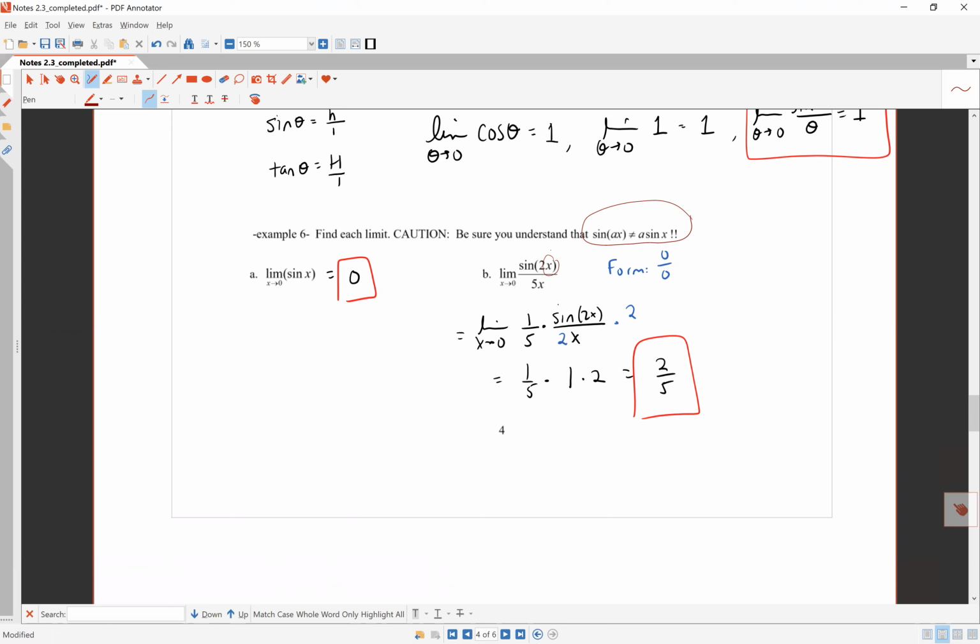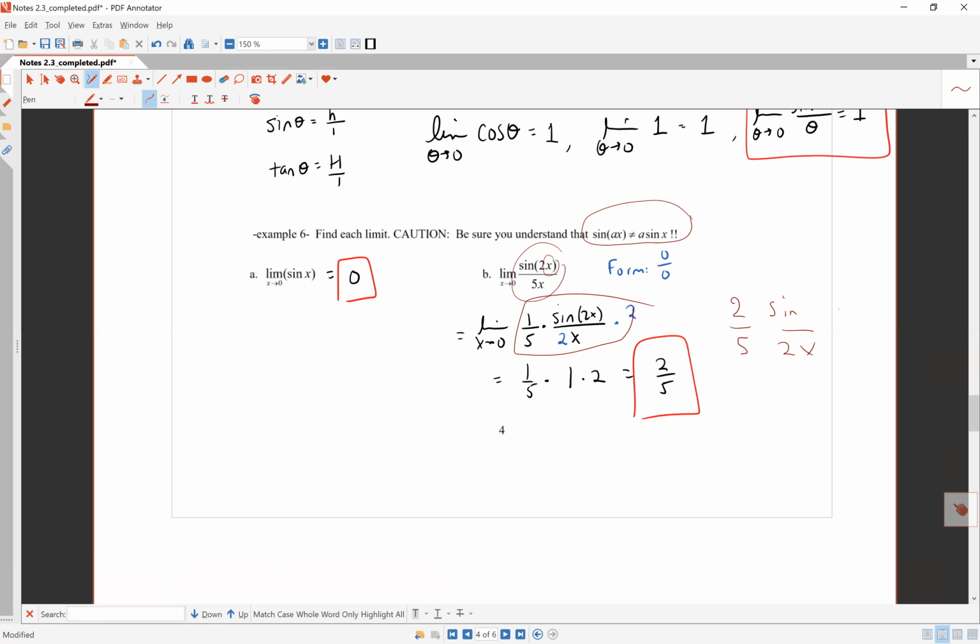Multiply the numerator and the denominator by 2, and now the original function sine of 2x over 5x is the same as 2 over 5 times sine of 2x over 2x. Remember, we're going to use that limit, the sine of x over x.